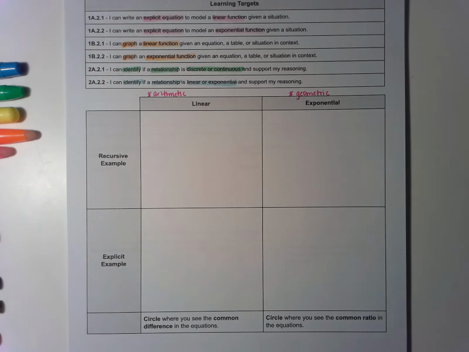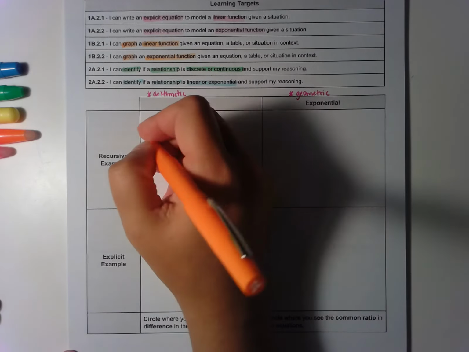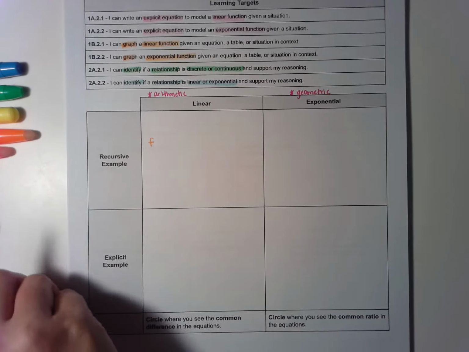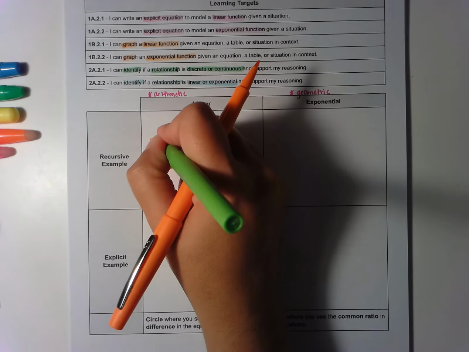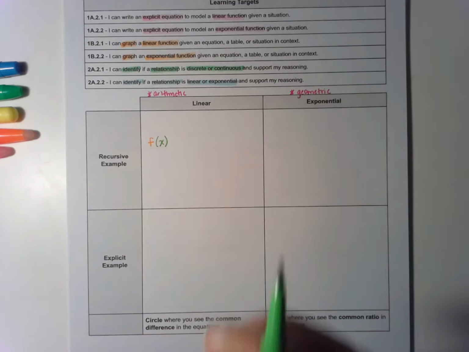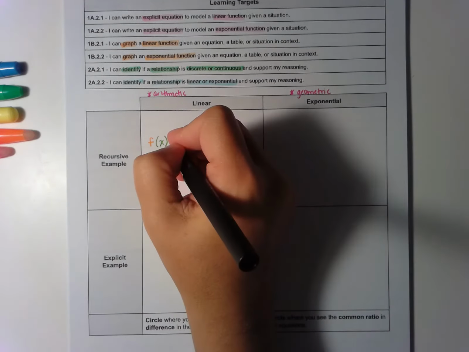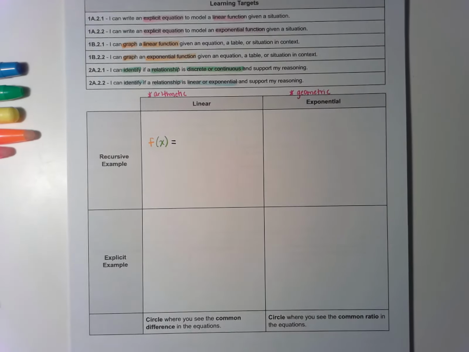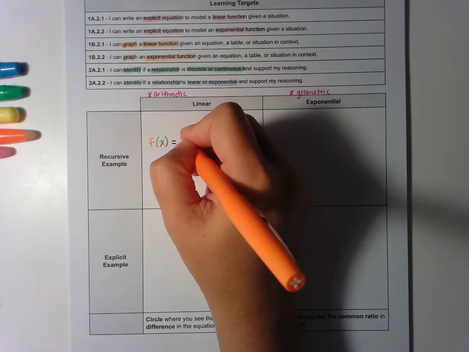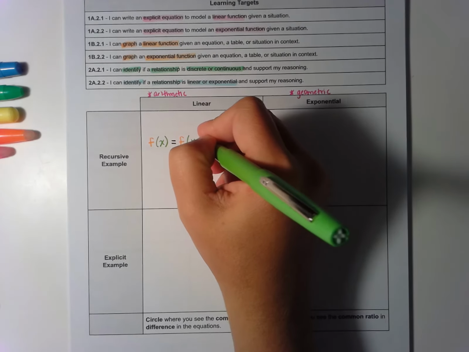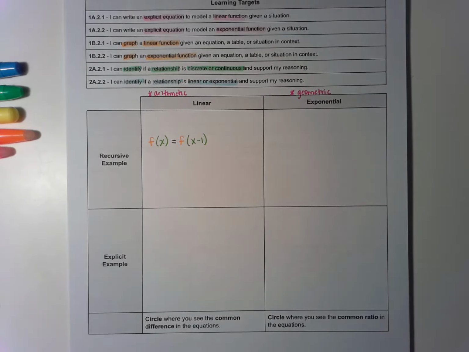So let's start with a recursive example. If I was to write an example of a recursive equation for an arithmetic or linear function, I would say something like this: f of x, where f would be the output and x would be the input, output on the outside, input on the inside, is equal to f of x minus 1. And it would be x minus 1 because we're looking at the previous term.